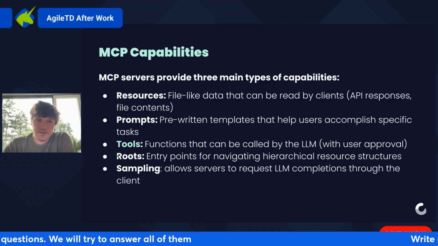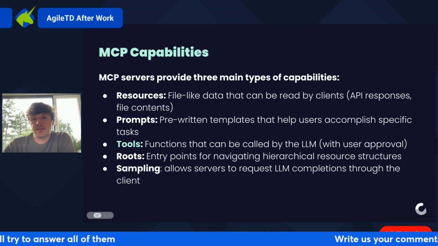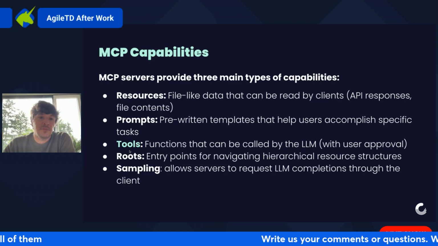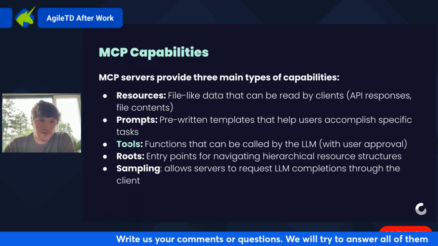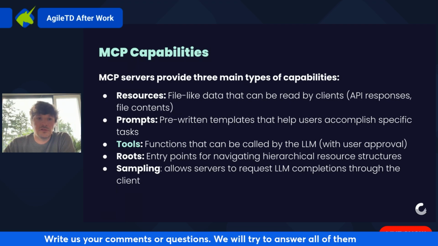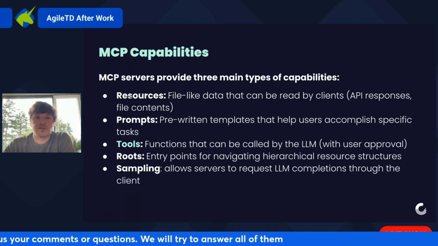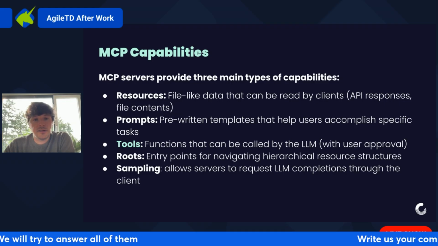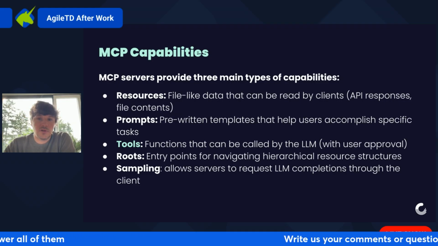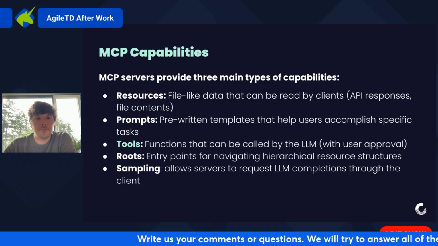Yeah, roots and sampling is less often used, but the main three ones is really tools. So 90% only use tools, and prompts and resources are also very undervalued, but also very helpful and could be an ace in the sleeve of MCP.